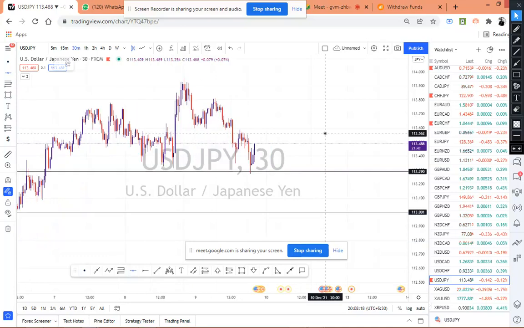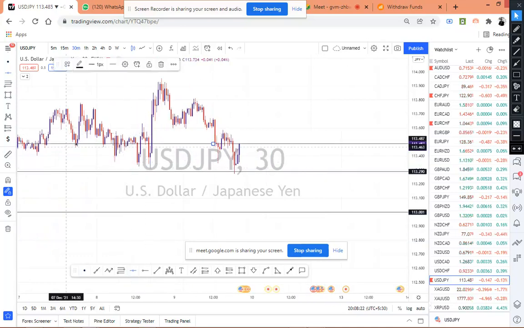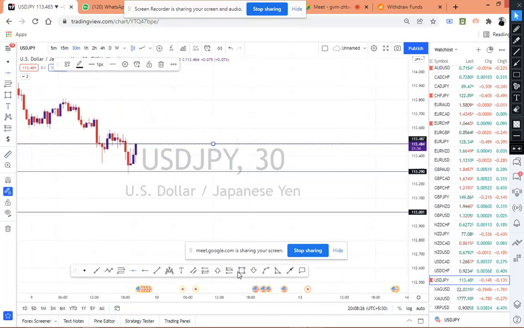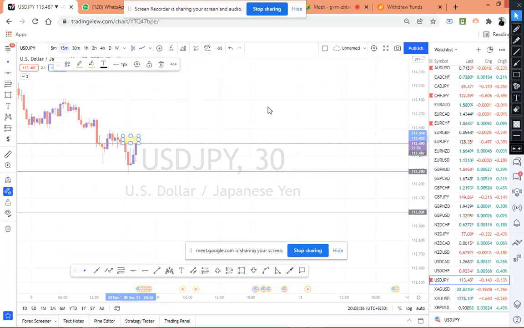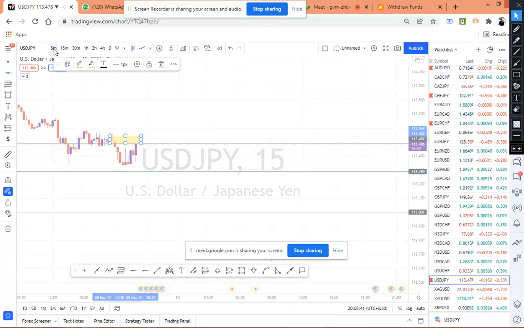Next opportunity to sell the trade should be right here. Okay, we have support, and here we have supply. So let me check 15-minute time frame. Oh no, 5 minutes.